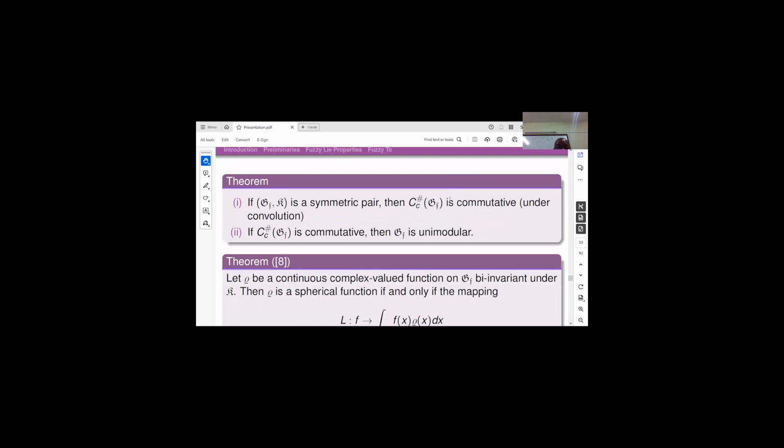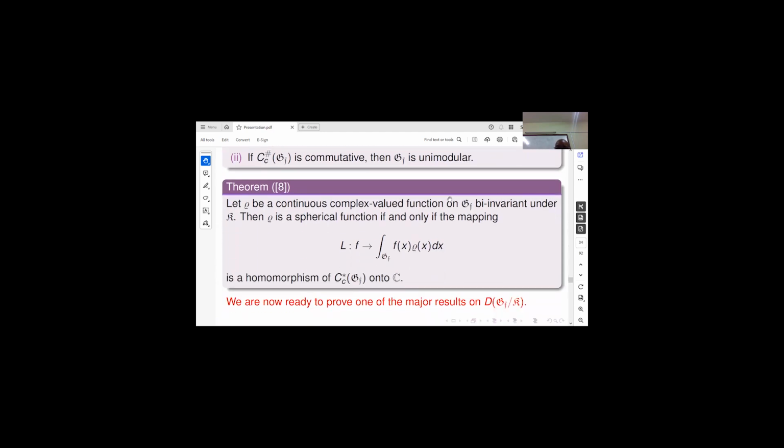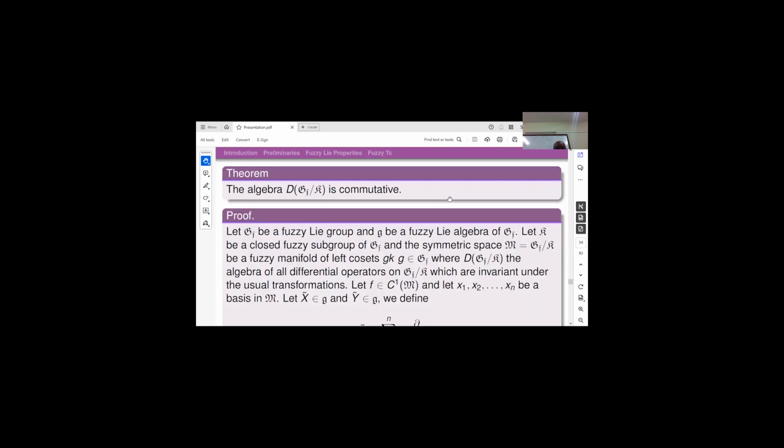Now, this result has been proven by Helgason, but for our own result on fuzzy Lie groups, we first of all showed that the algebra of K-invariant differential operators on the fuzzy Lie group is commutative.